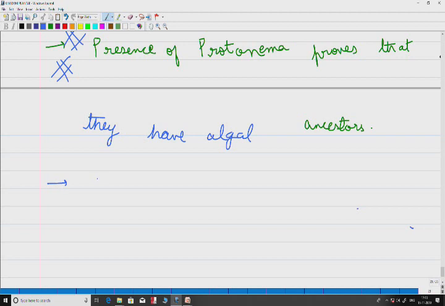Also, you can write the gametophyte is main plant body, while sporophyte is present for shorter duration of time.